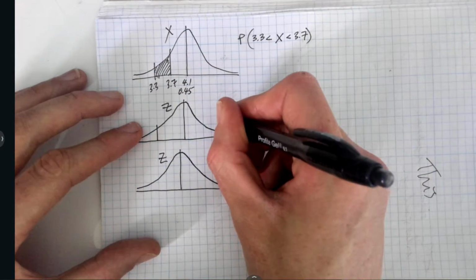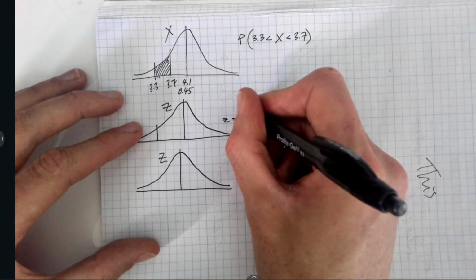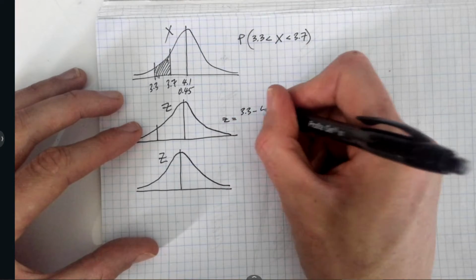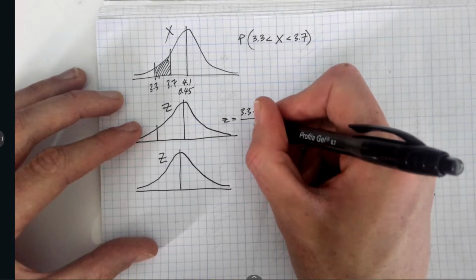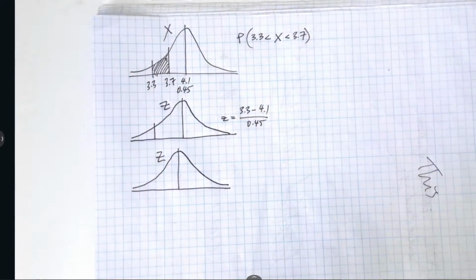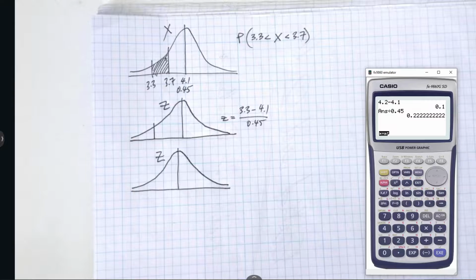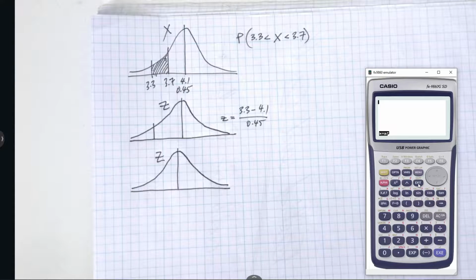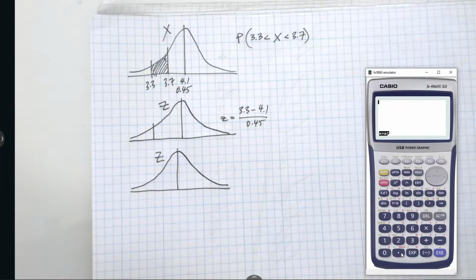So let's do it. Z equals X, 3.3, minus 4.1, the mean, over the standard deviation, which is 0.45. Let me get my calculator for that. 3.3 minus 4.1, divided by 0.45.